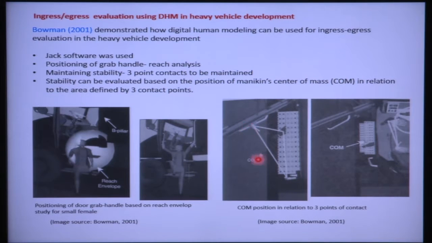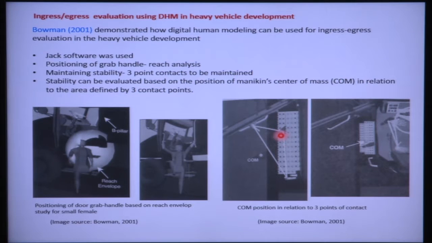So, they demonstrated while the driver is putting his leg on the steps for climbing into the vehicle driving cabin, then putting 2 hands on the grab handle, one here and another here, and 1 foot on this particular step, this triangular space is defining the 3-point contact.